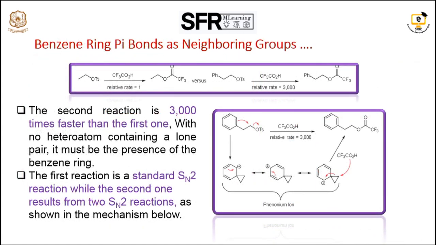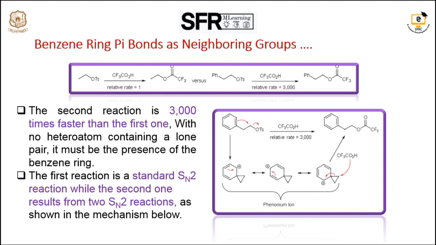Similarly, we can also take the example of benzene ring pi bonds as neighboring groups. Here we have two reactions: the first reaction is ethyl tosylate, and in the second one we are having a phenyl group as an assistance. When we have trifluoroacetic acid as the attacking reagent, the relative rate is 1.